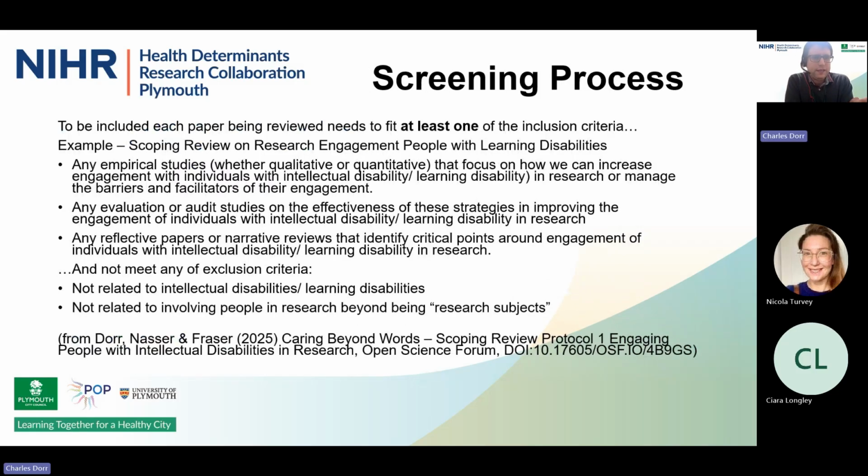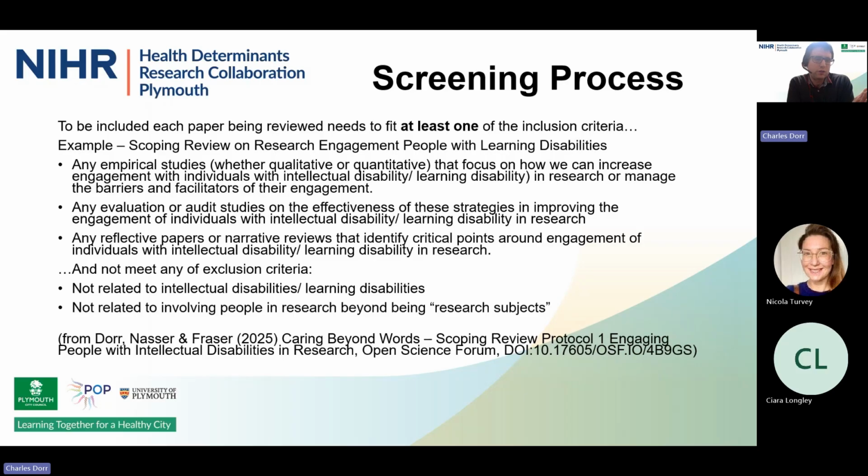So in order to be included, each paper being reviewed needs to fit at least one of the inclusion criteria. So this particular example was to do with one of the studies I've been working on around learning disabilities, where we included different types of study that had a focus on engaging individuals with intellectual disability, and you'll notice I've got learning disability as well because there are different terms for the same thing.